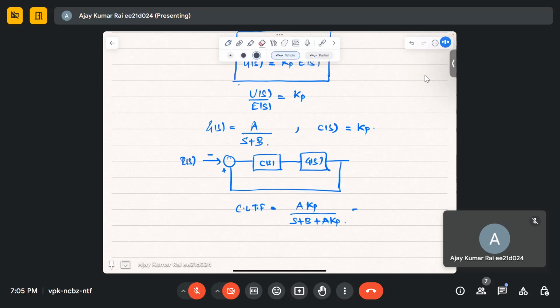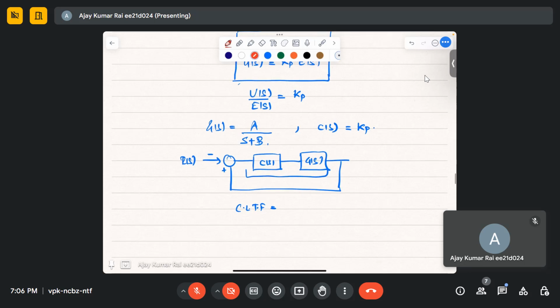Let me write this as P of s, and the combined one will be equal to G of s. G of s will be equal to a into Kp by s plus p.